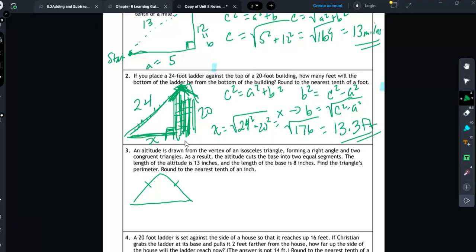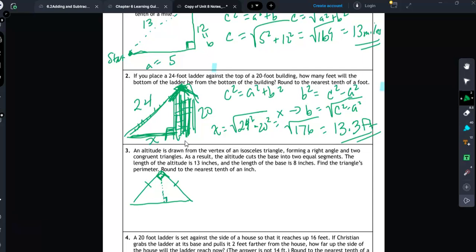And the vertex forms a right angle, or a 90-degree angle. So this is an isosceles triangle with a right angle there. Okay, so going from the vertex to the opposite side, we're going to draw an altitude.